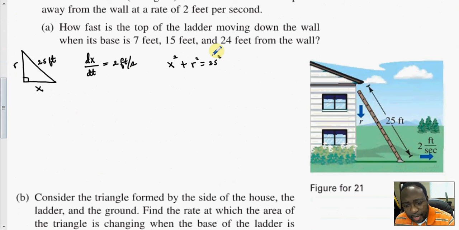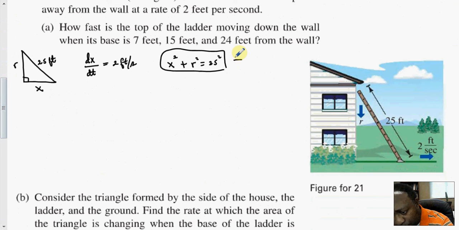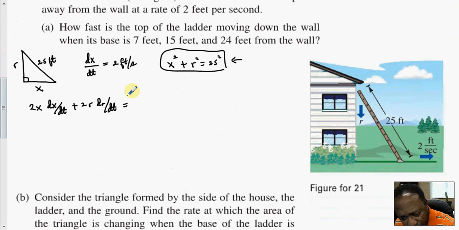Now we can take that and find all that we want. Now this is going to be our primary equation. From there, if we differentiate this implicitly using the chain rule, we have 2x times the derivative of x, which gives dx over dt, plus 2r times dr over dt, and 25 squared is a constant, so that derivative is 0.